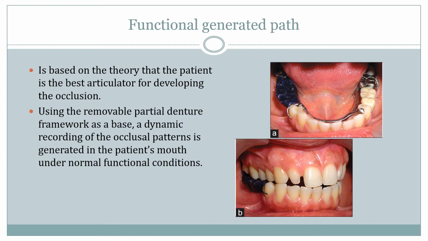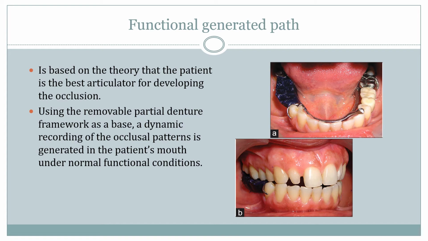So when it is placed in the patient's mouth and the patient is asked to move his jaw in the centric and eccentric positions, the opposing teeth that are present will come in contact with this wax, and it will create a pathway. The centric and eccentric movements will create the occlusal pattern for the lower teeth. This occlusal pattern is used to develop and place the artificial teeth in the lower cast partial framework.